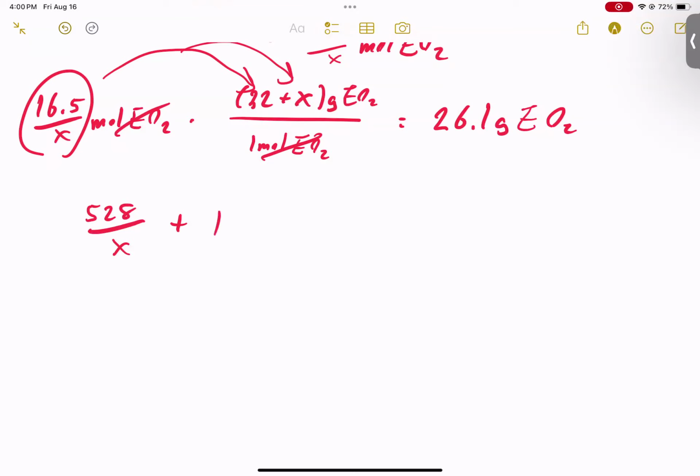I am left with 16.5. So then this is going to be 26.1. I'm going to omit the units for now, but just know that all these units from now on are in grams.